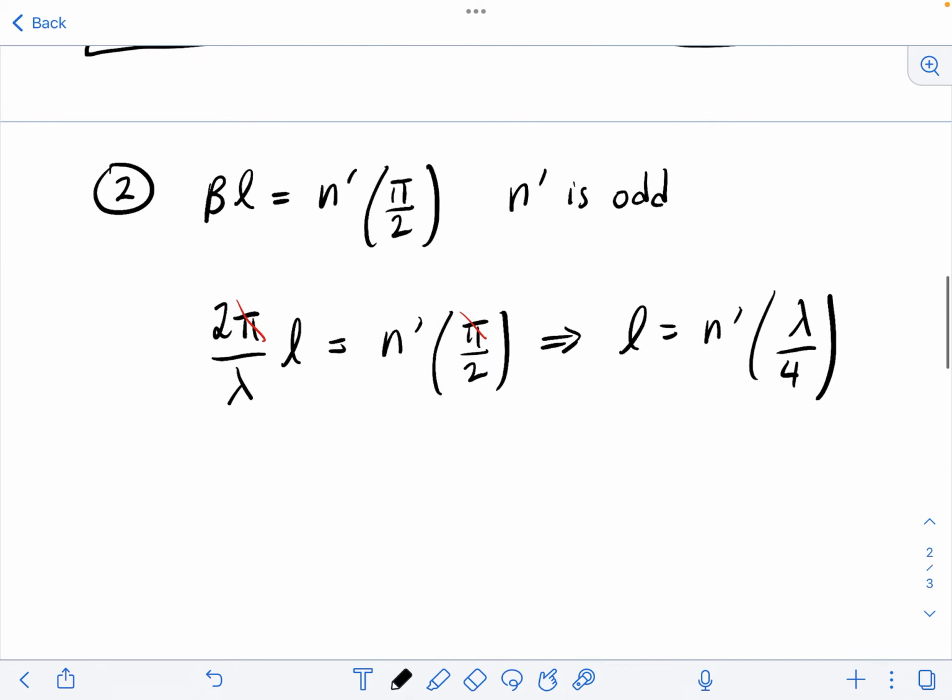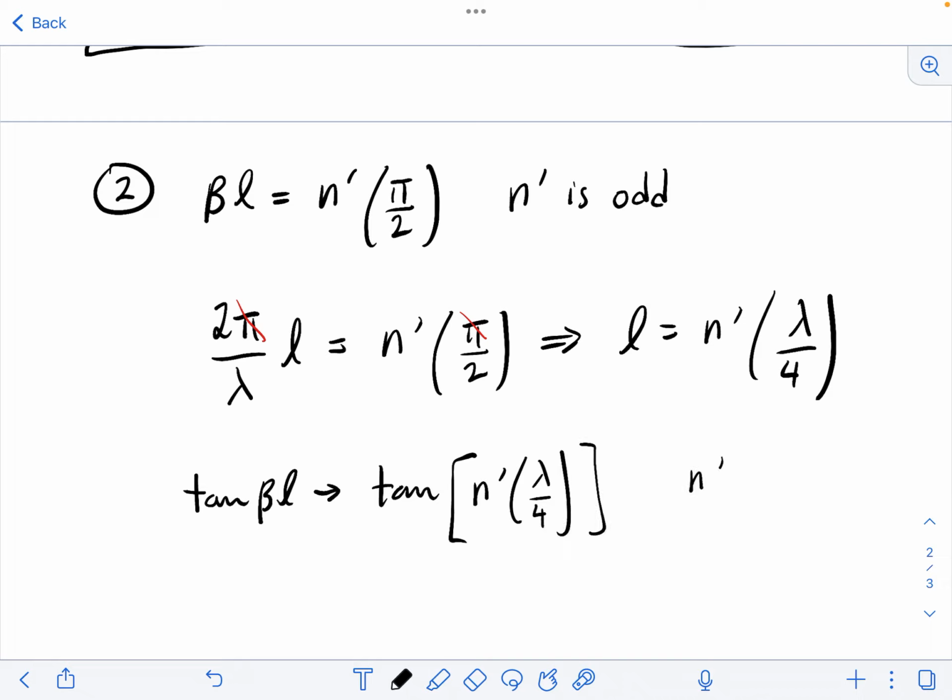In this case, we look at tan beta L, where remember n prime is odd.